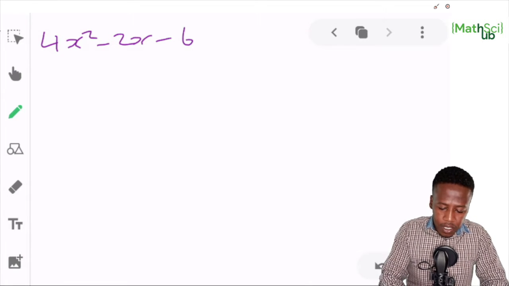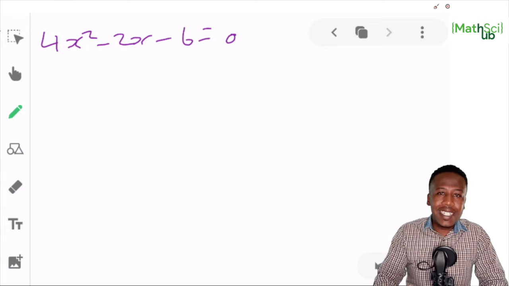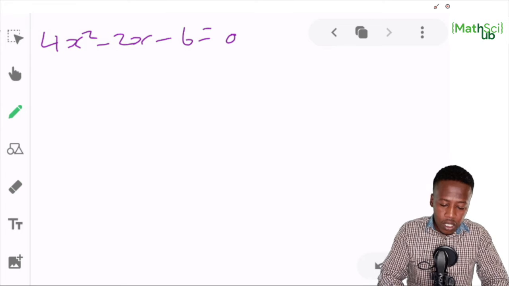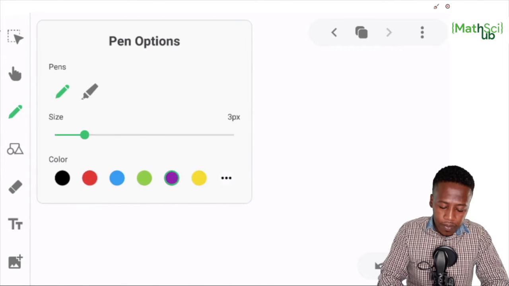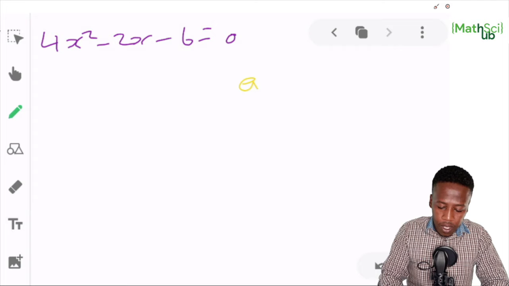Now we've managed to get our expression in what we call the quadratic standard form, a standard form for a quadratic equation, right? So this now is in the form of ax squared plus bx plus c.